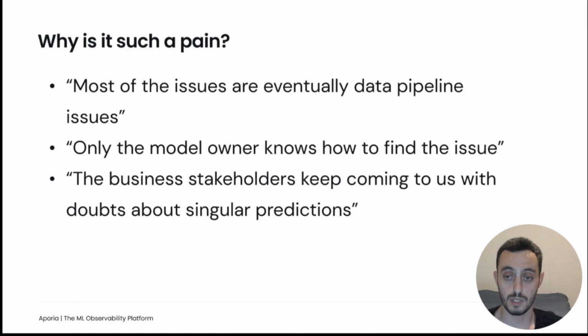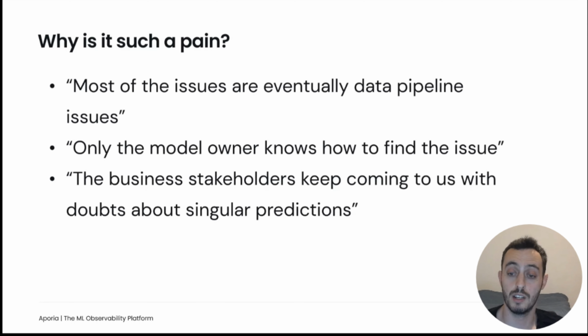And so the data scientist, who is a very well-educated person whose time is worth a lot of money, is the one who actually debugs the issue. But the issues are most of the time related to data pipelines.